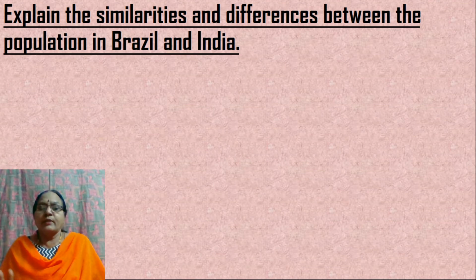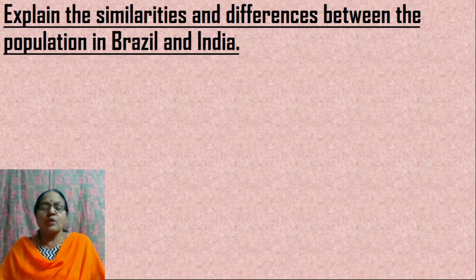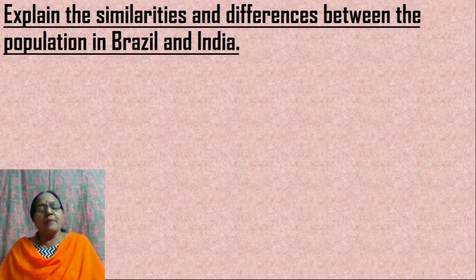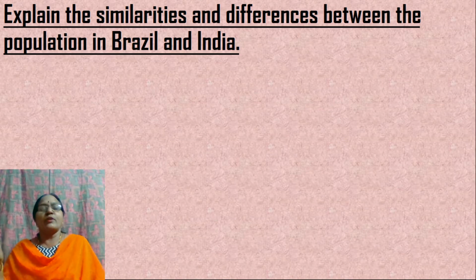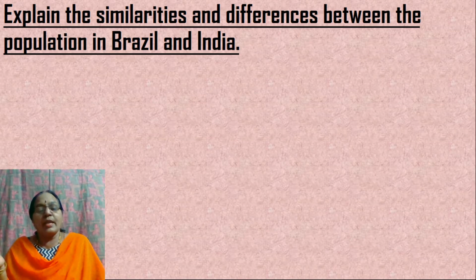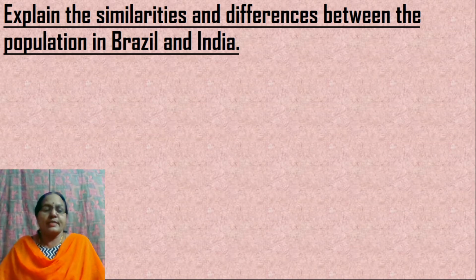In regions where the population density is more, for example Chennai, Mumbai, Delhi, etc., the population is more because of all these favorable factors. Then in Brazil, for example, density of population is more along the eastern part. For example, we have dense population in Rio de Janeiro, Sao Paulo, etc.